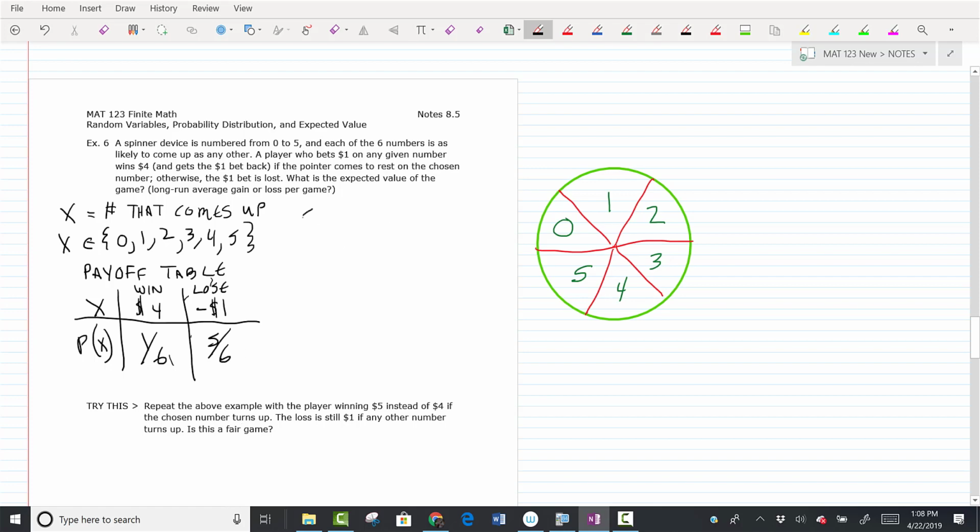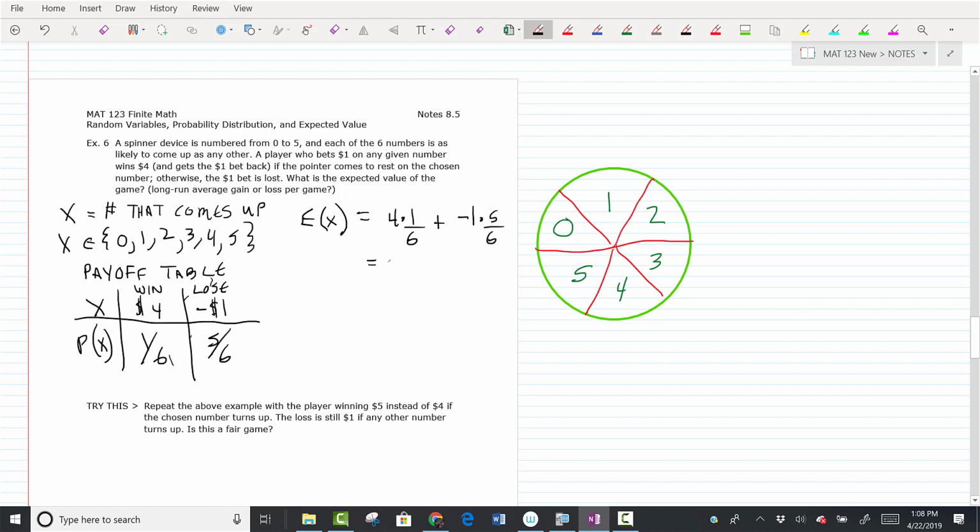Now go ahead and do the expected value like we've been doing. Real easy, you do 4 times 1/6, using a positive number for 4 because it's a win, and then plus -1 times 5/6. You're losing $1, so you use a negative there.